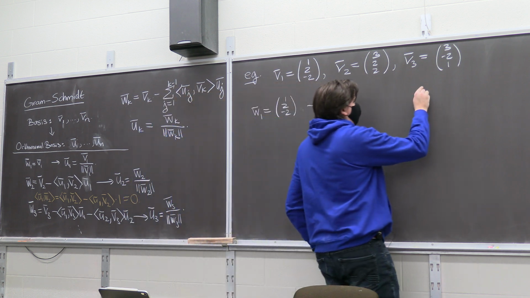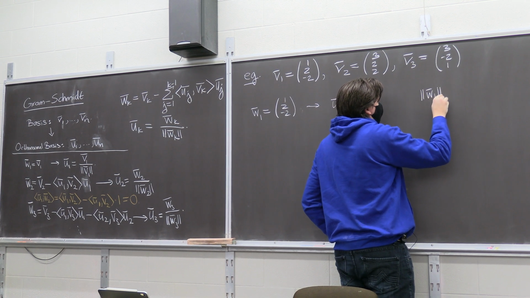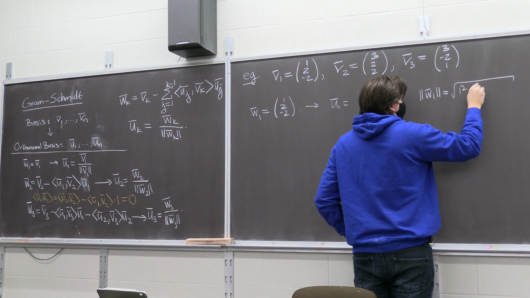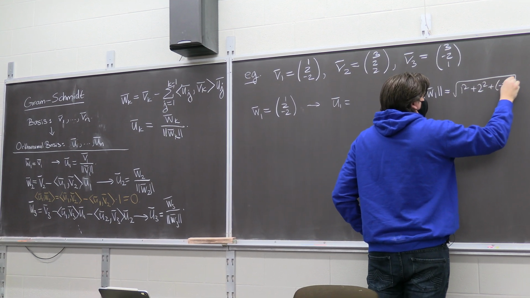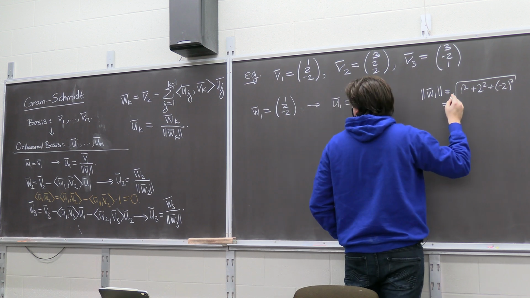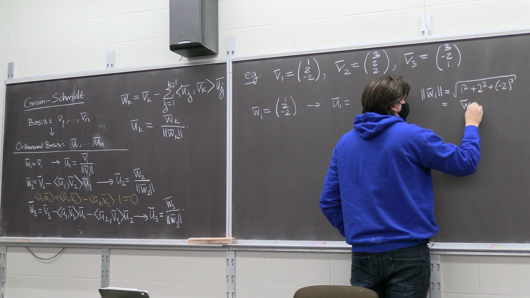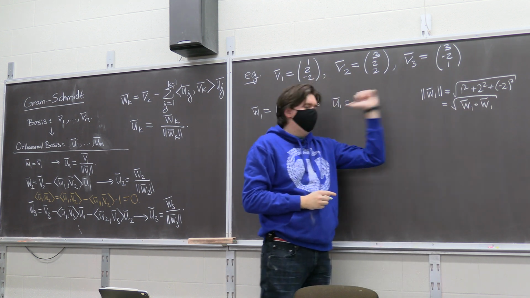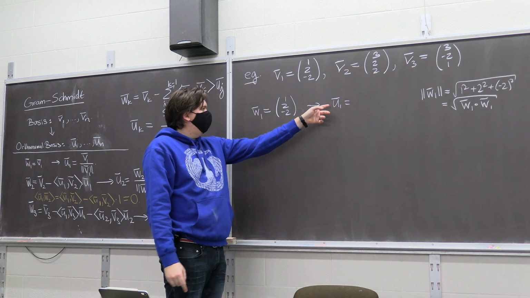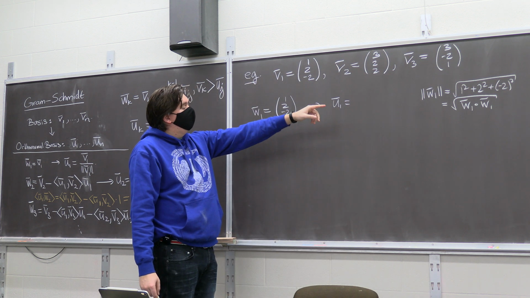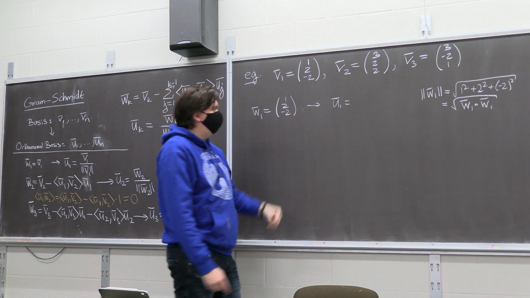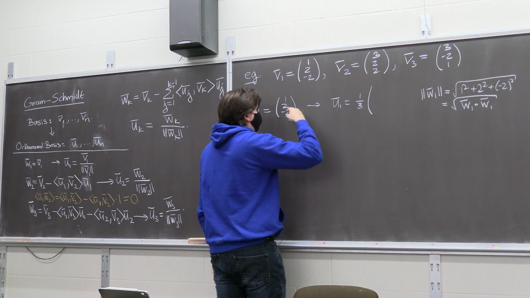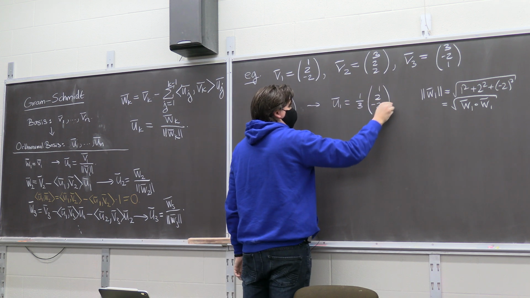So the magnitude of something like W1 is just equal to the square root of the sum of the entries squared: 1 squared plus 2 squared plus minus 2 squared. That's exactly the same thing as just the square root of w1 dot w1. That's how we define this, where here our dot product is the inner product we're working with. So this comes out to be the square root of 9, which is 3. So we need to divide this by 3. So it's 1/3 of whatever the vector was before. Good?